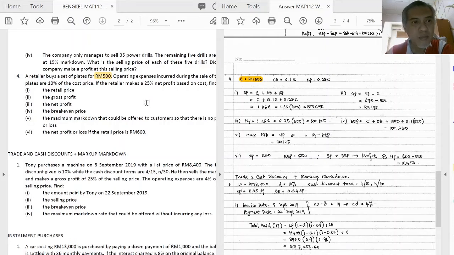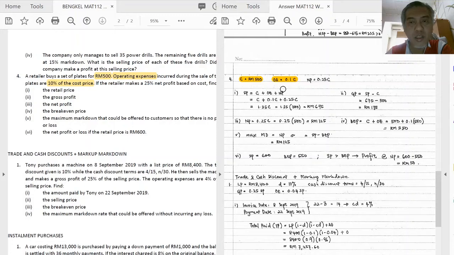And then the second part of it, you can see that the operating expenses, so it gives here the operating expenses incurred during the sale of these plates are 10% based on cost. So the operating expenses is 10% based on cost. So that means you can rewrite this information into OE equal to 0.1C. So why 0.1? Because it is 10%.